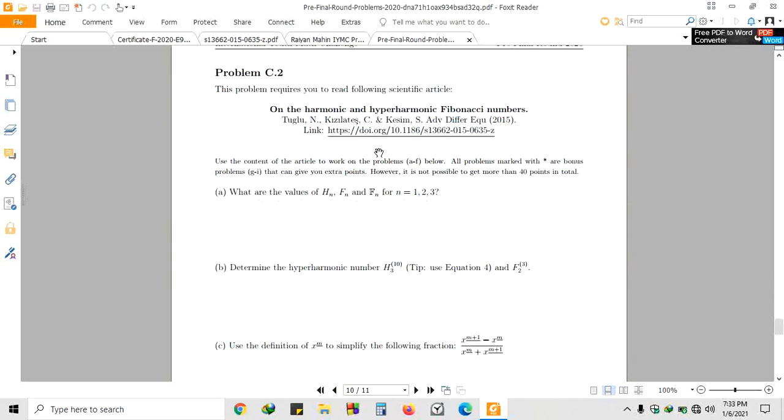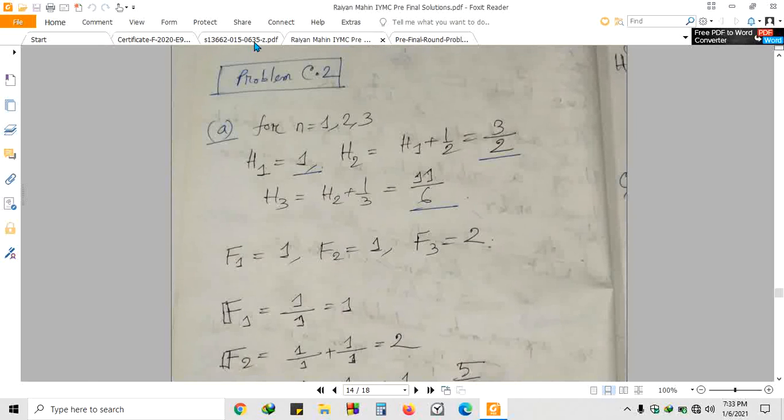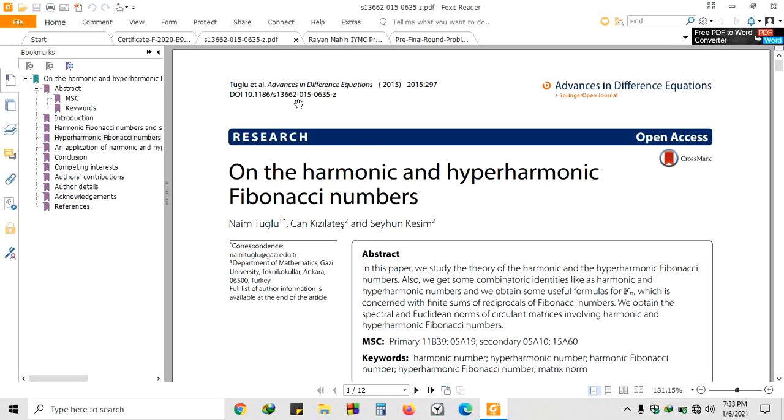The first problem was that we have to find the values of H of n, F of n and bold F of n, where H refers to harmonic numbers, F refers to Fibonacci numbers, and bold F refers to harmonic Fibonacci numbers.